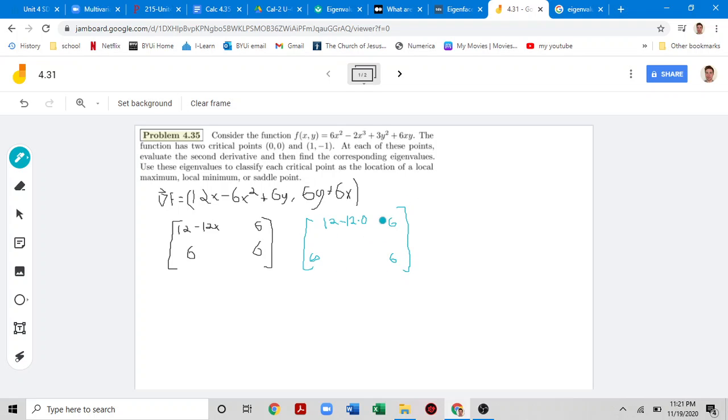So we could solve for that. 12 minus 0 equals 12. So this will be 12 minus lambda, and that times 6 minus lambda.